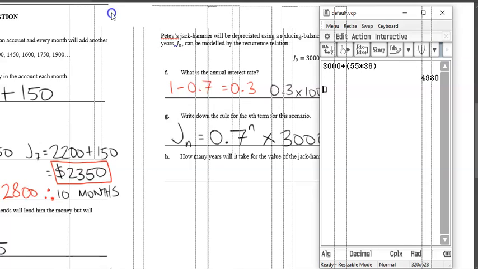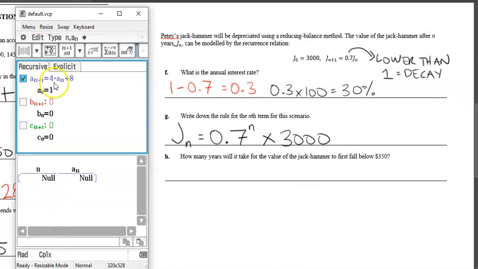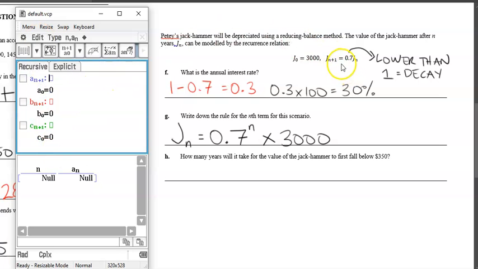So let's grab a calculator out again, let's go to menu, click on sequence. If there's something already there, let's just clear this, clear all, and we're just going to put in 0.7 multiplied by a of n, execute this, and set our initial value of 3,000.